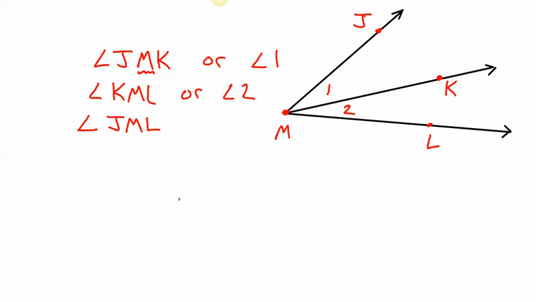Any questions? Yes, sir. JML can be called JML, or it can be called angle LMJ. But you can't call it angle 2 because angle 2 is KML or LMK.